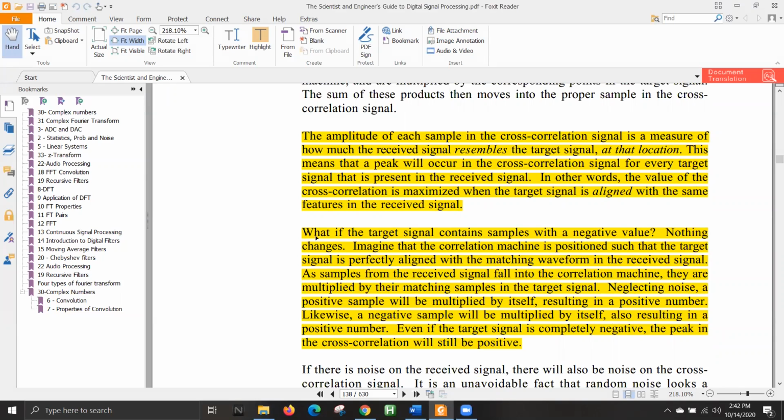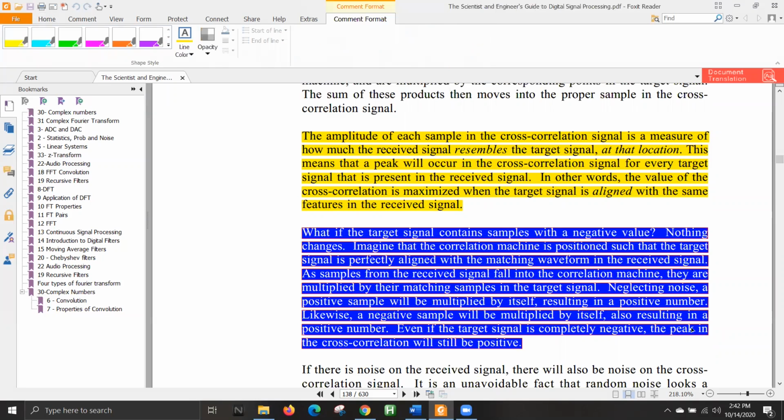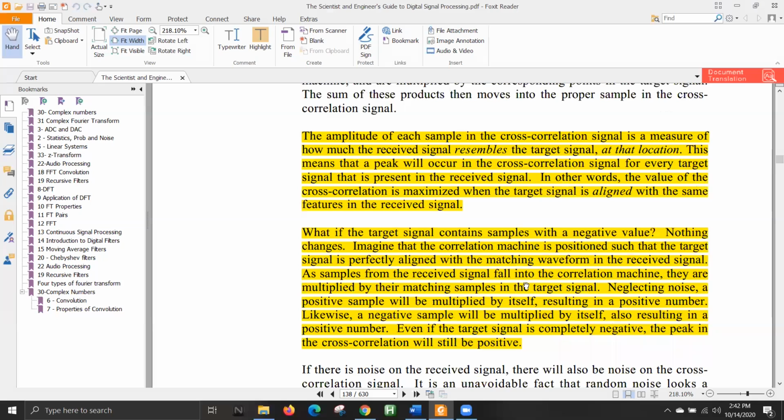Notice that we initially said that the target signal contains negative values. So what will happen? You are multiplying negative values with negative values, resulting in positive values. Also, if you multiply positive with positive, you also get positive. So the final summary is that no matter what you do, you're always going to get positive peaks in case of correlation. The peak is always positive.